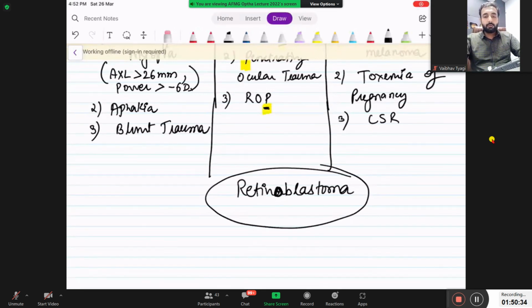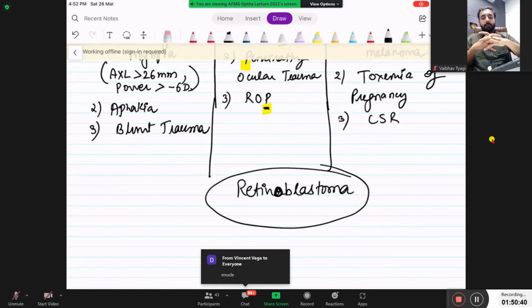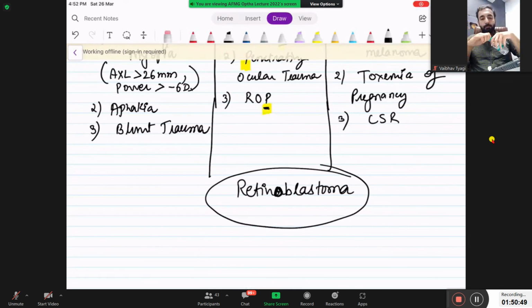What was the treatment for retinoblastoma? Which surgery we have discussed in retinoblastoma? Enucleation, right? And evisceration was for endophthalmitis, right?